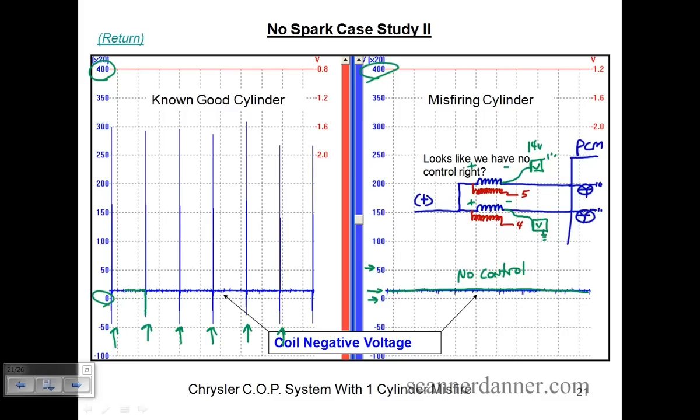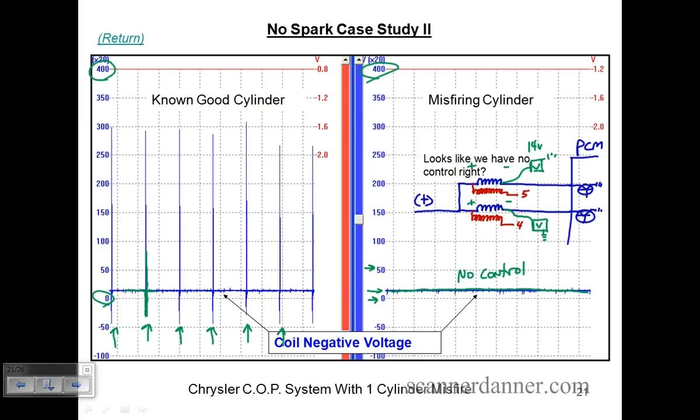Test light goes out, and then when it comes back up to the spike or back to battery voltage, the test light lights again. And when the circuit's grounded, the test light will go out because our test light's connected to ground. Ground to ground, light's not lit. Ground to power, it is lit. It's really not a power, it's a control circuit waiting for a ground, but that's what makes the light light.